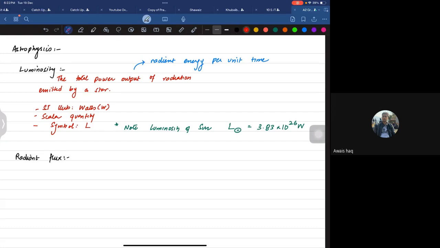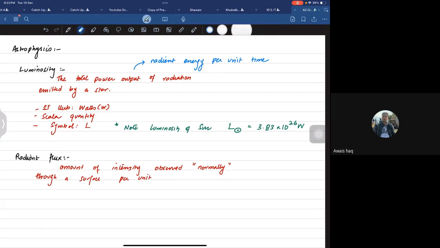Radiant flux basically means the amount of intensity observed normally, normally means at 90 degrees, through a surface per unit area of radiation measured on Earth.